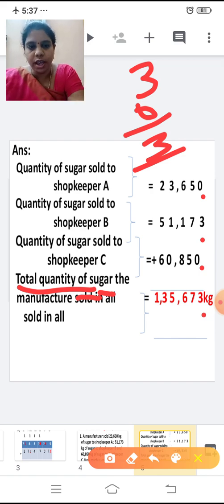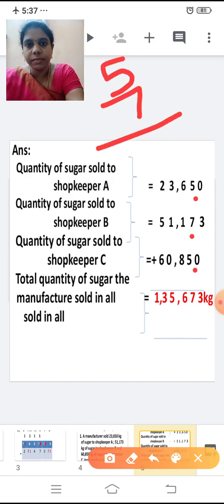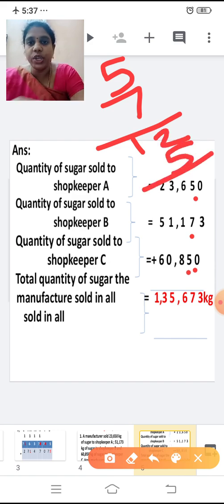Next move on to the tens place. 5, 7 and 5. 5 plus 7 is 12. With 12 I am going to add 5 more: 13, 14, 15, 16, 17.